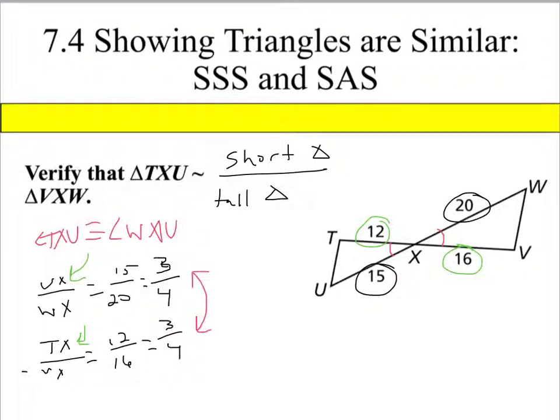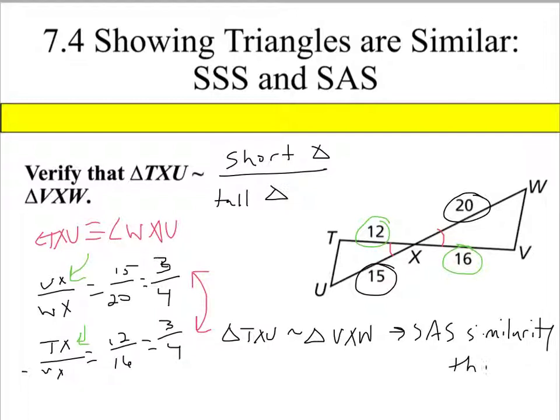What does that mean now? Well, that means that triangle TXU is similar to triangle VXW. Why? Because of the side-angle-side similarity theorem.